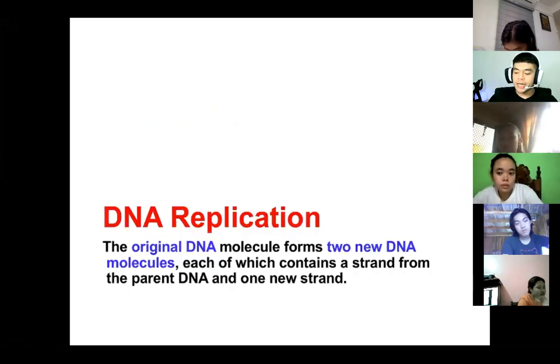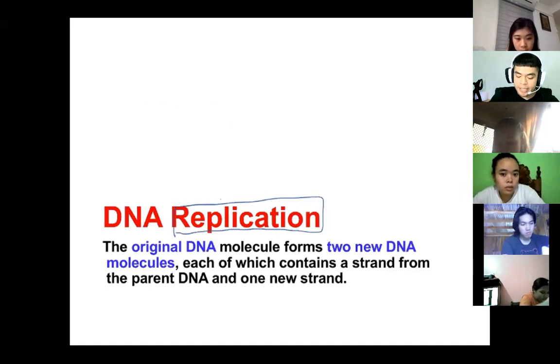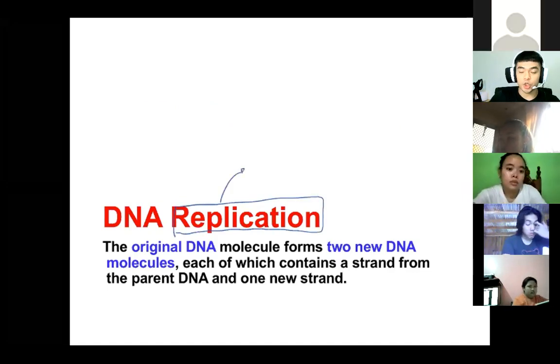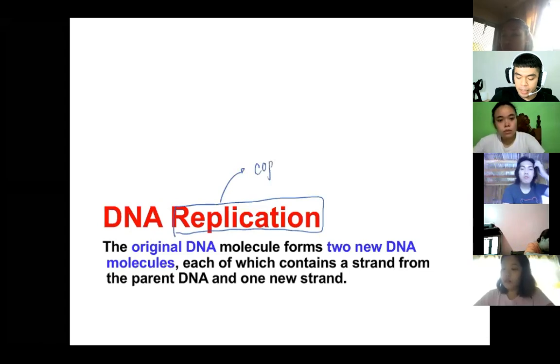So when we say DNA replication, as the term suggests, we have a replication process. Basically, when we say replication, it means copying the original.